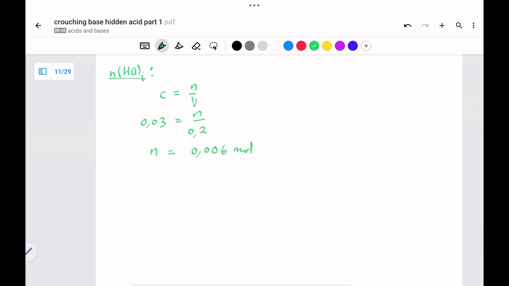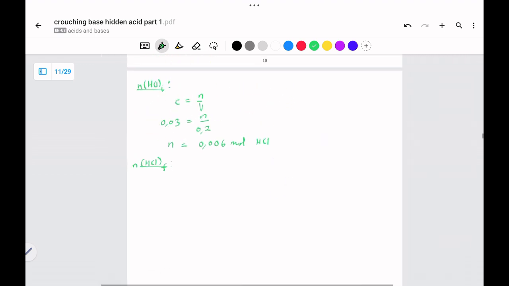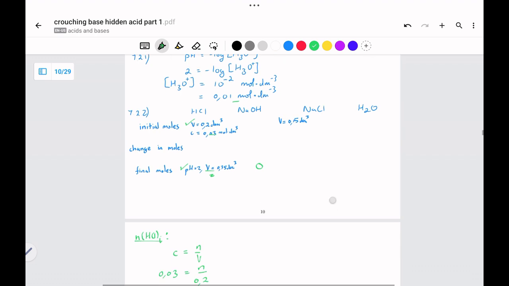Okay, and now we have a concentration of hydronium ions. It's this number.